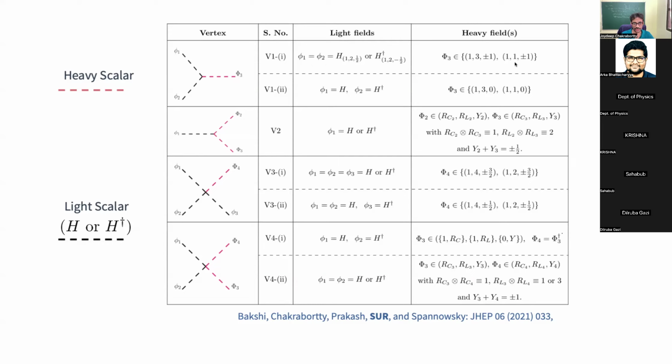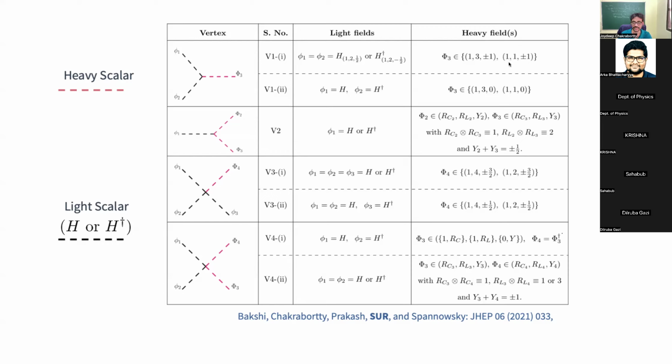In this way, for all possible renormalizable vertices, you write them down and identify the quantum numbers of the light fields, because that's what you know, and then from the invariance you fix the quantum number. Now the point is, it's not always guaranteed that this heavy field will have a unique quantum number.